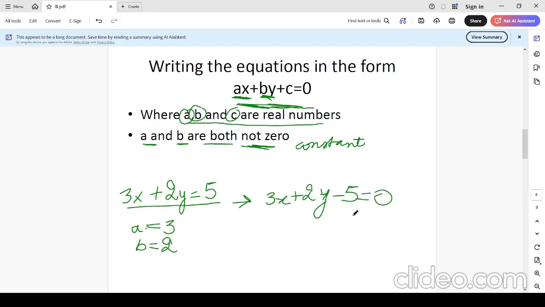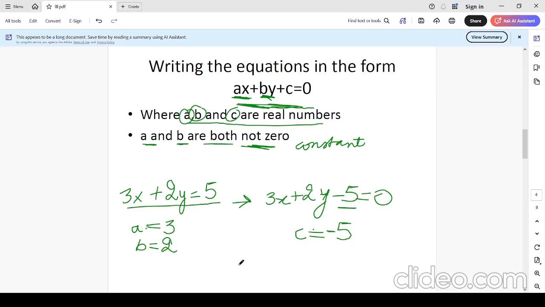Now can you identify the constant value? Let's see. c is equal to 5. But what will be the sign? In the standard form it is ax plus by plus c, but here we have minus. So the value of c is minus 5 and not plus 5, because this is just a standard or general form, we have to consider the signs of the numbers.